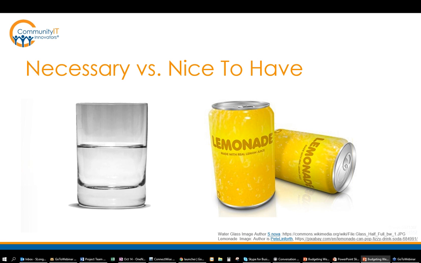So this is what transform means. This is another way of categorizing the line items that you would find in your budget. Cedric, you want to take this next slide and talk about another way of looking at that same idea?